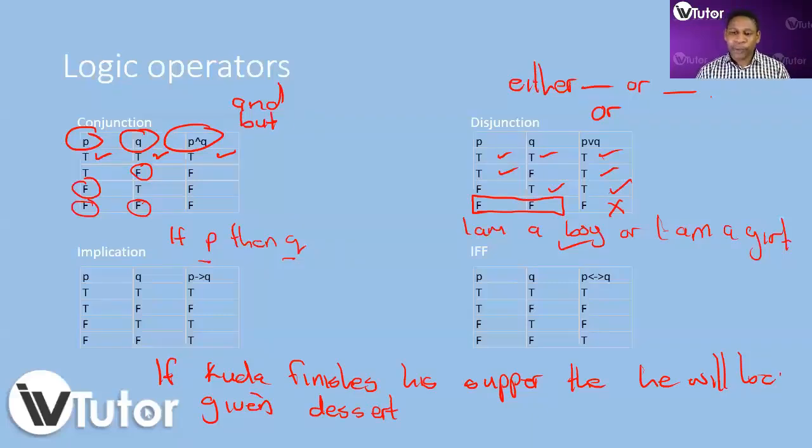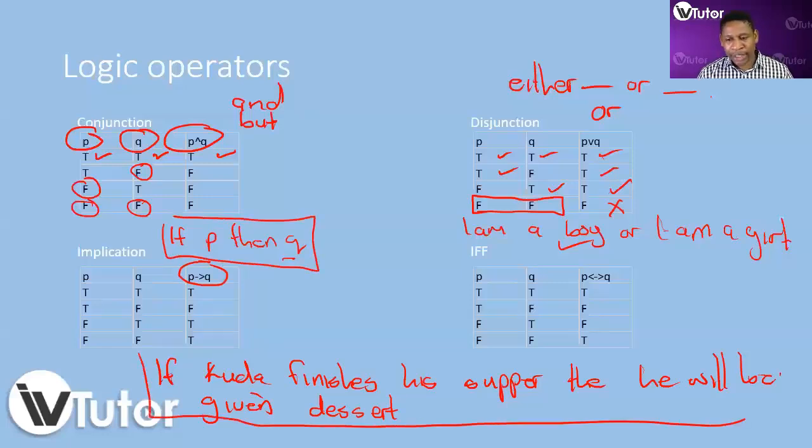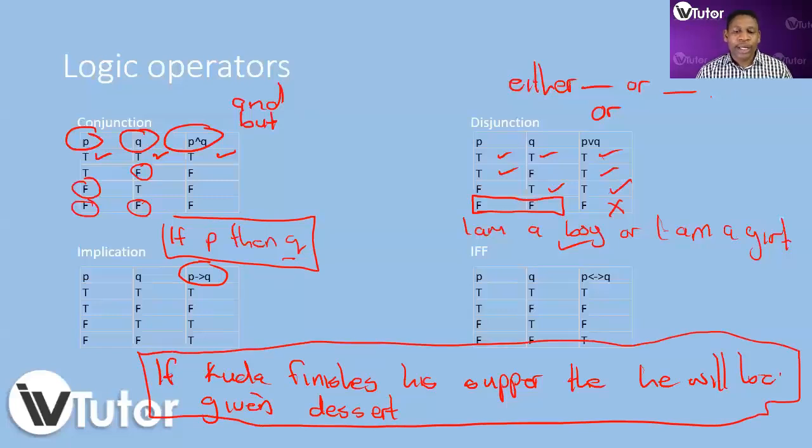Right. Now, given this statement, we want to identify, so P implies Q is the same as saying if P then Q, which is identical to or similar to what we have here. So P simply means Kuda finishes his supper, and Q simply means Kuda is given dessert.